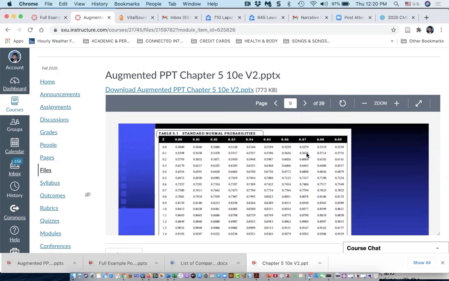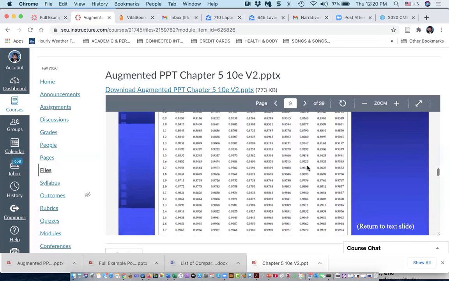So that is 0.5675. For the other one, it is 1 minus the area of 0.08. So 0.0 means I have to be at 0.0 here, and then I go all the way to 8, which is 0.5319, which is eventually you will get 1 minus 0.5319. Gotcha. Sounds good. Thank you.